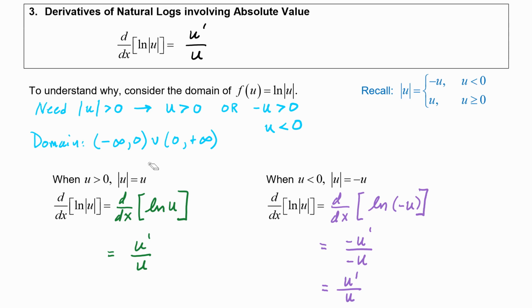So it turns out that whether u is positive or u is negative, we get the same result for the derivative. So that means that the derivative with respect to x of the natural log of the absolute value of u is just u prime over u. And that's really great for us because it matches the formula that we already knew for the derivative of natural log of u.